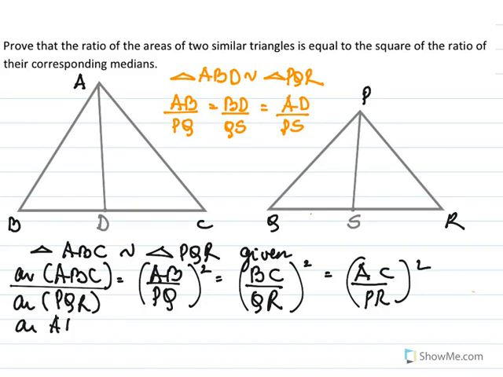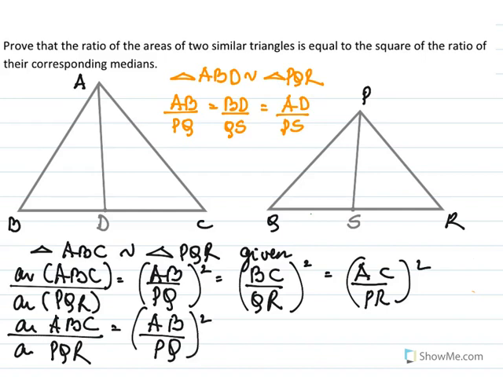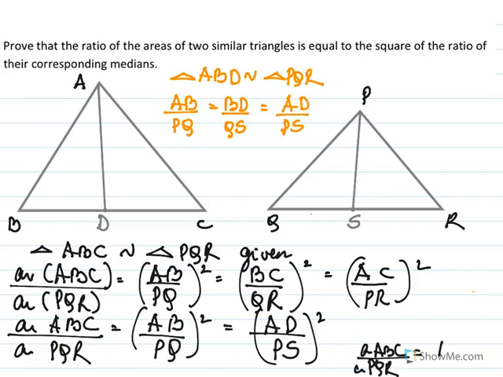So we have area of ABC over area PQR is AB over PQ the whole square, but here we have seen AB over PQ equal to AD over PS. So now we will put AD over PS the whole square, and we have proved that area ABC over area PQR equal to AD over PS, the two medians, the whole square.